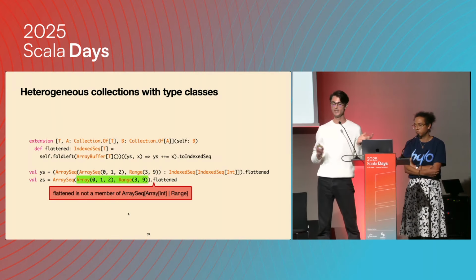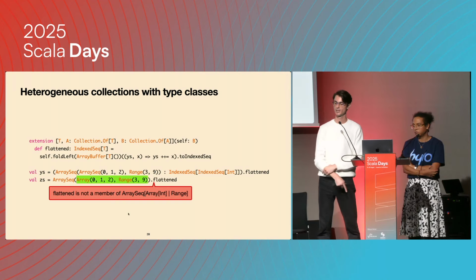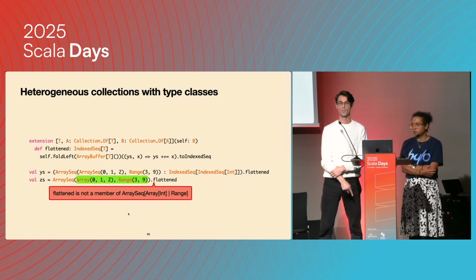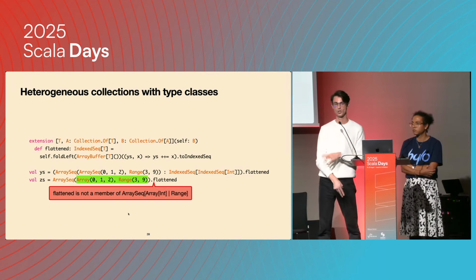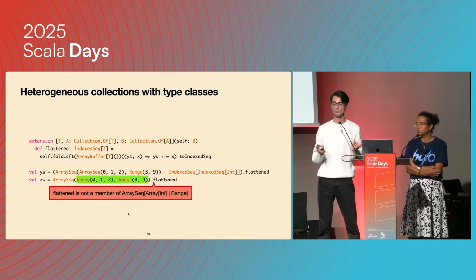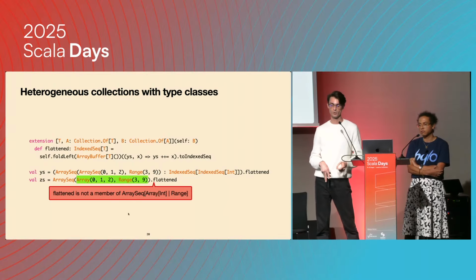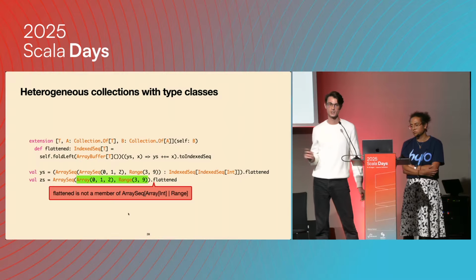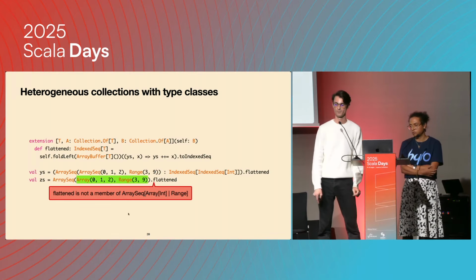That is because the least upper bound of our inner sequences is, as you can see here, an array of integers or a range. But there's no simple base type that is common to both those types. Or more significantly, there is no common supertype for which there is one instance of the collection type class.